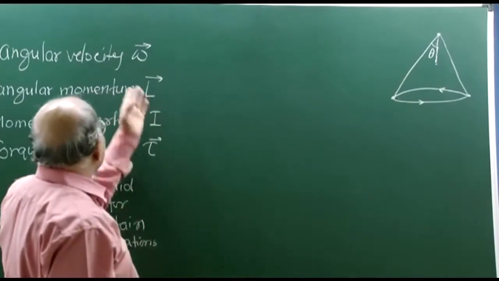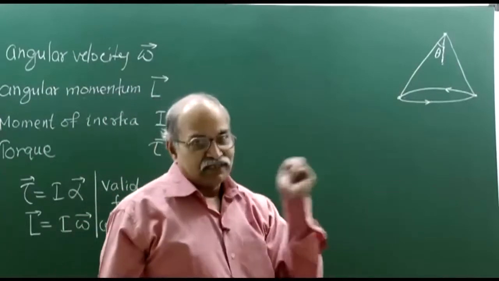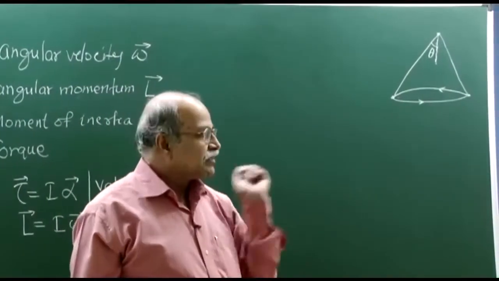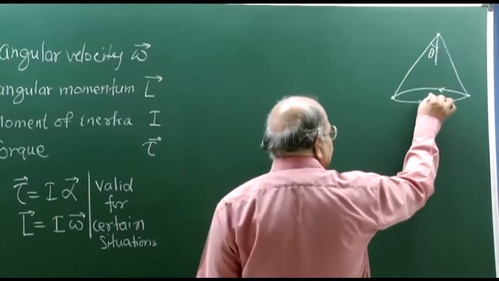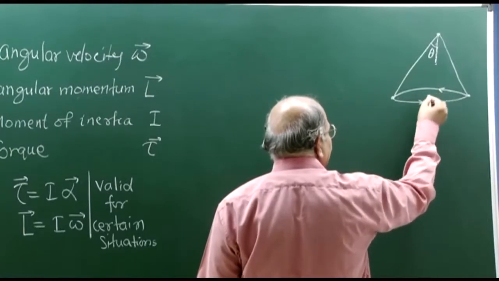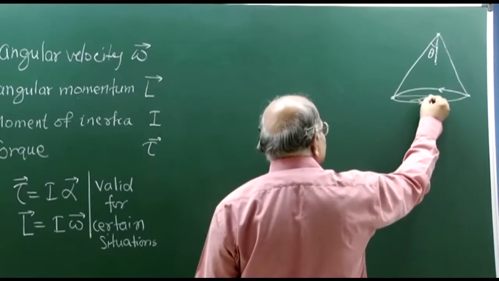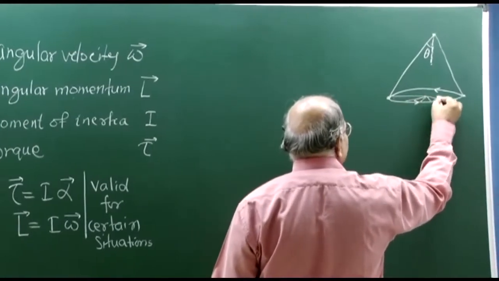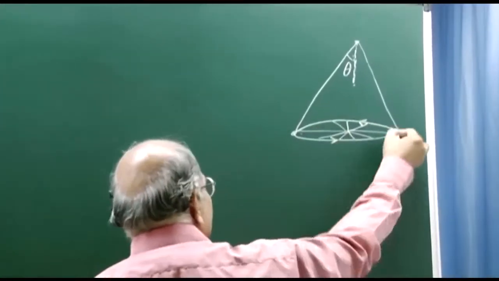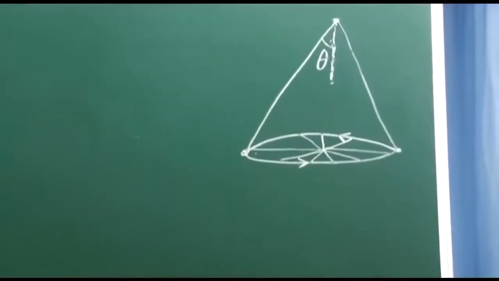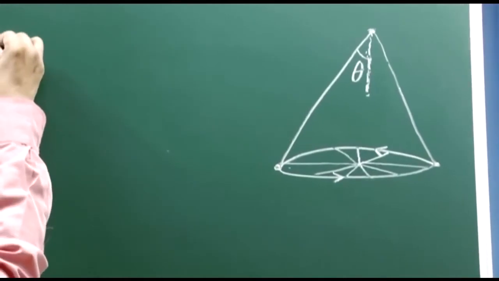So, first let us see what the angular velocity omega is. The magnitude depends on how fast I am moving it. In one rotation, the angle rotated is 2 pi. You can take the center of the circle, and from here you can connect this ball. The ball moves and the angle theta changes, so it is going like this in this circle. You can ask what is d theta dt or delta theta delta t, that is the magnitude of omega.